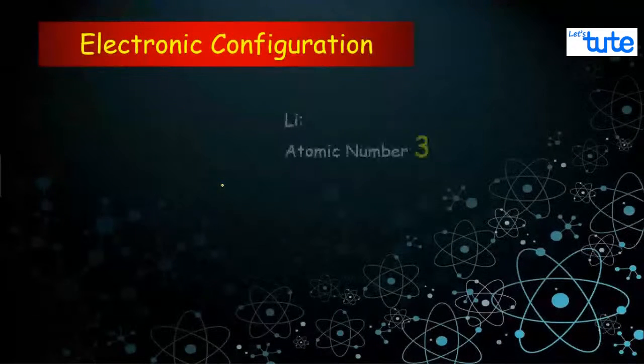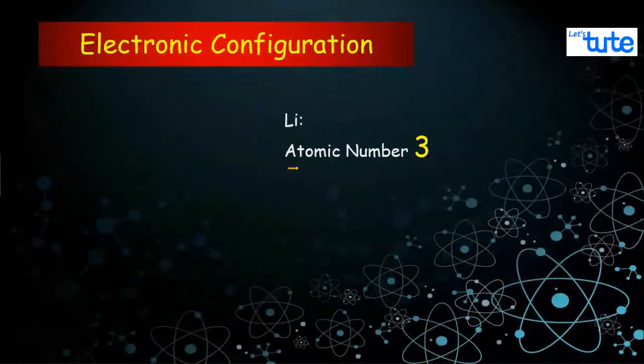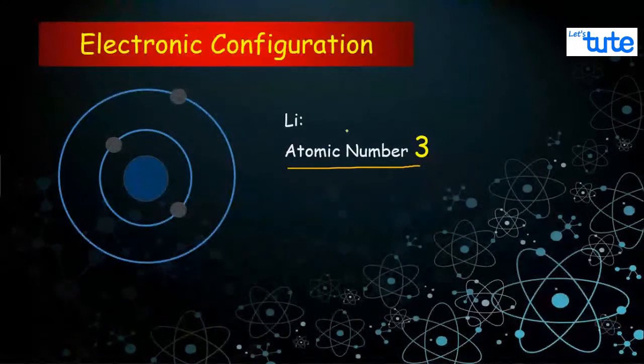The next is lithium. Lithium has atomic number 3. To find the electronic configuration of lithium, we can simply draw it. The first thing will be your nucleus. This will be your orbit, your shell.